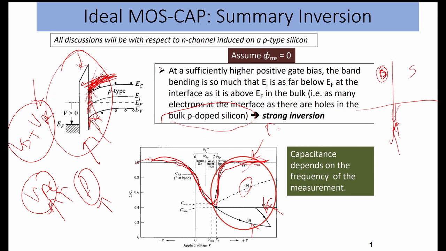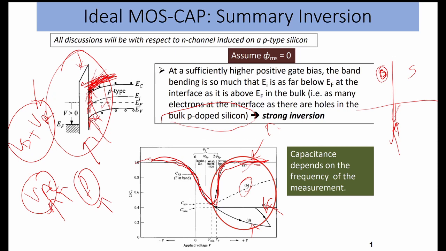The coming and going is because of the generation of electrons in the depletion region that I already told. But if the generation rate is smaller than the frequency, the generation is not happening at all because the frequency is too high. Then what will happen is the uncovering of the charges.